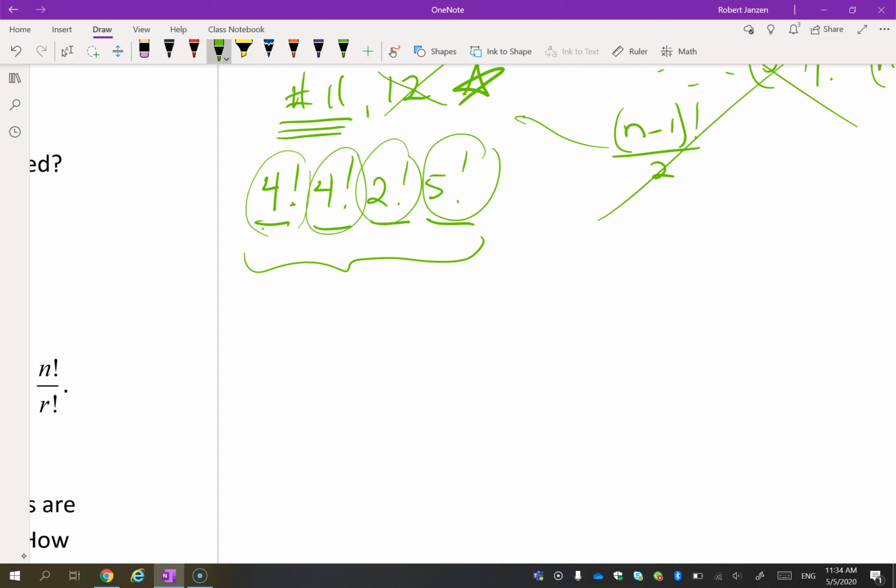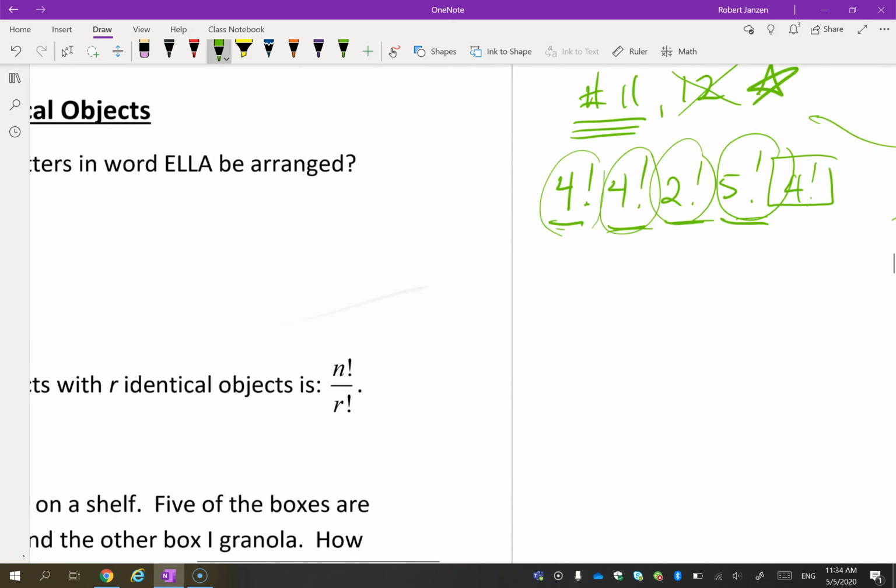If we take this group, this group, this group, and this group, that's 4 ways to rearrange those. So this question would be like this. You would multiply 4 factorial times 4 factorial times 2 factorial times 5 factorial, and then how many groups are there? There's 4, and we have to rearrange them. For sure that's going to show up again. Make sure you try those kind.